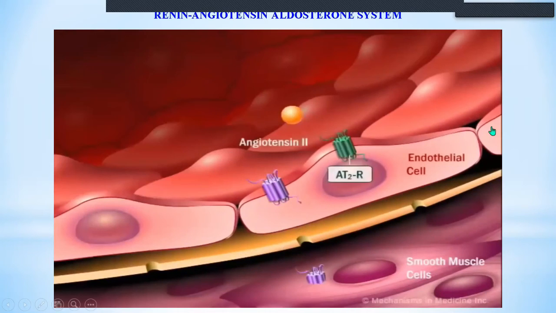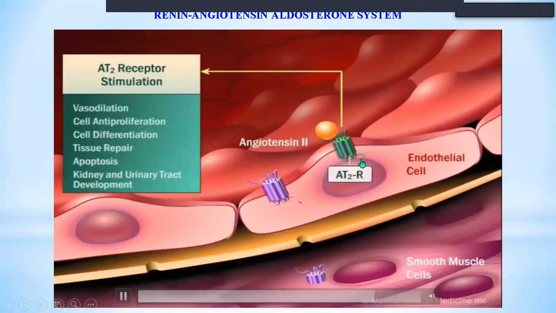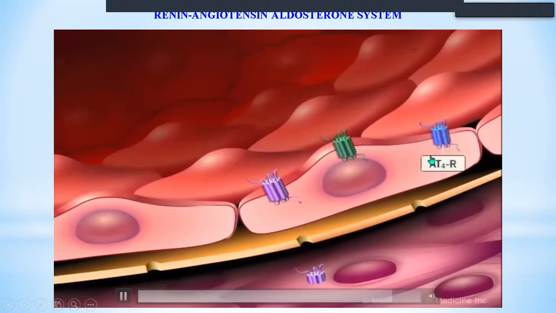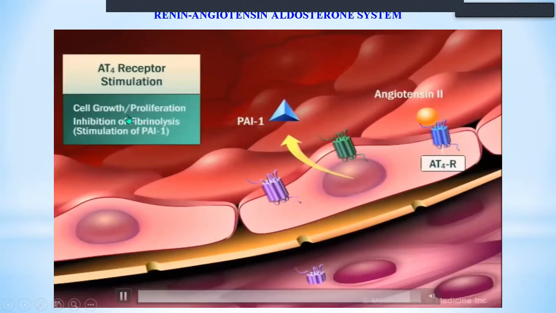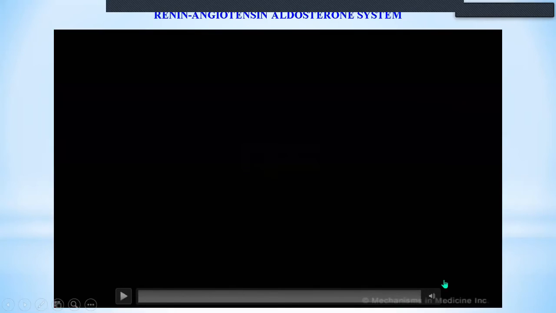The angiotensin 2 receptors cause vasodilatation, cell proliferation, and other responses. Another receptor, the angiotensin receptor 4, is acted upon by angiotensin and causes cell growth, proliferation, and inhibition of fibrinolysis. So this is how the renin-angiotensin system acts.